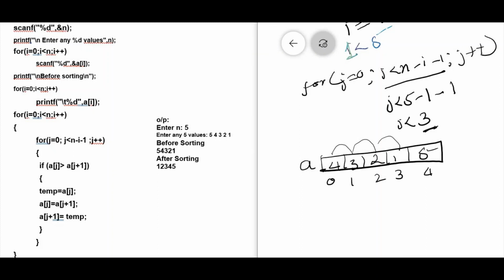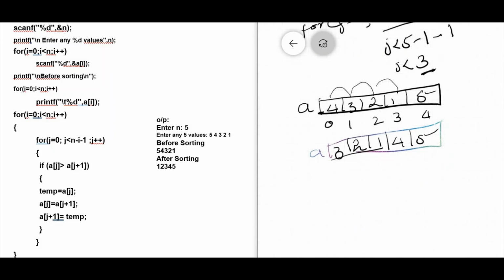So the same process repeats. Now 4 will be brought here. After the end of the for loop, 4 will come here and 5 will be here. So this is when i was equal to 1.